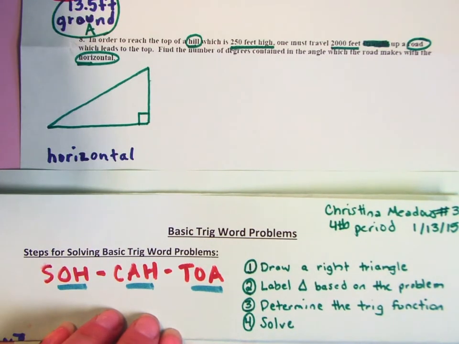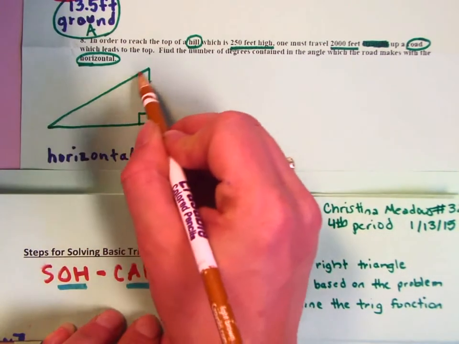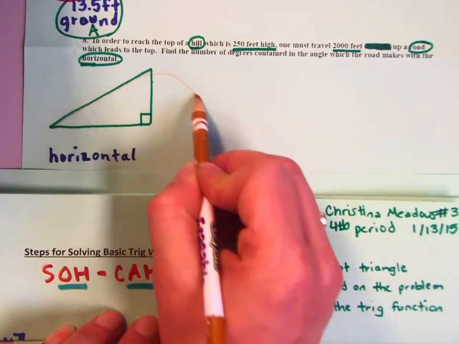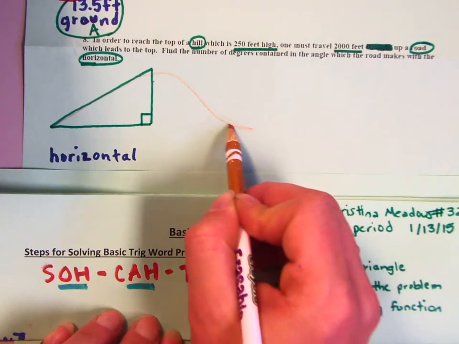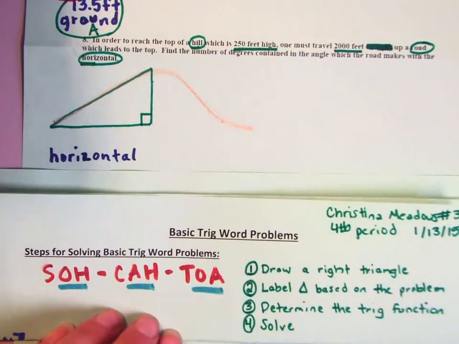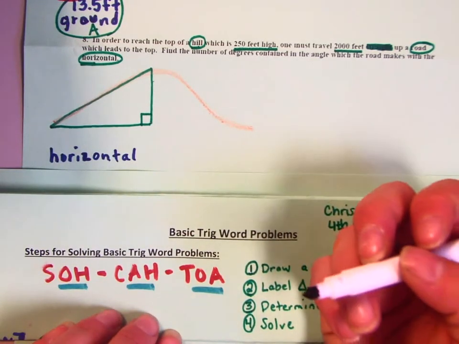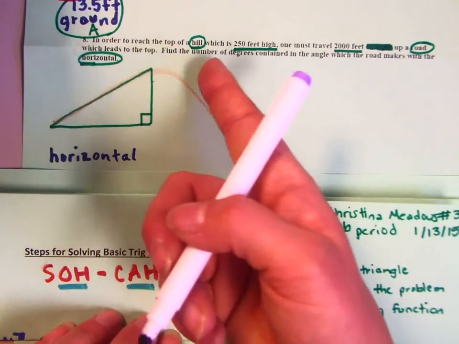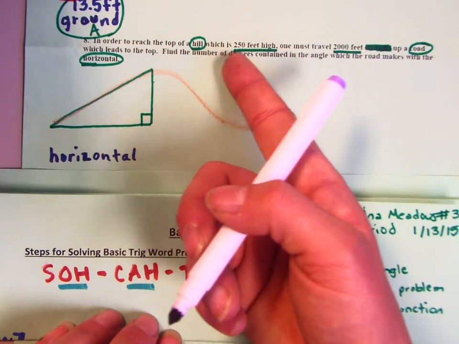Okay, let's draw in a little hill. I'm just going to sketch in a little hill. So that tells me that which side represents my hill? The height of my hill. So it says the top of the hill is 250 feet high.